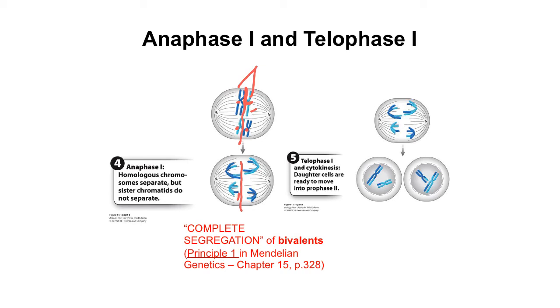The consequence is that when telophase happens, with subsequent cytokinesis, the daughter cells possess half the number of chromosomes.